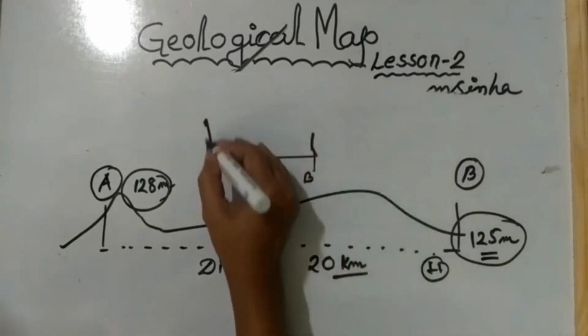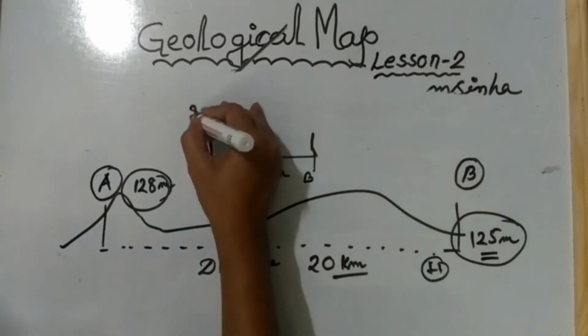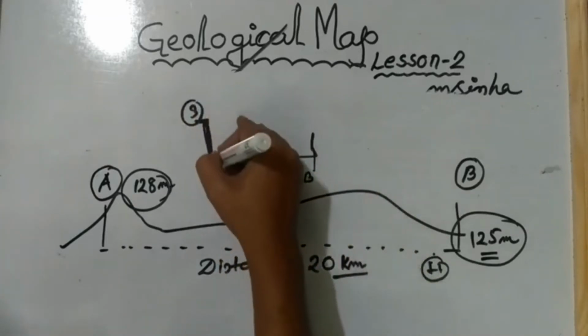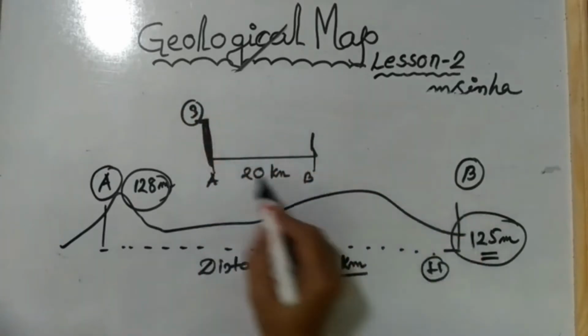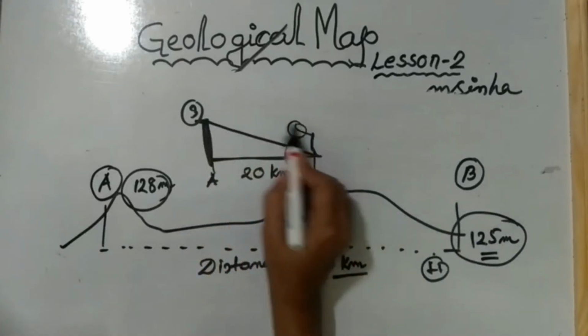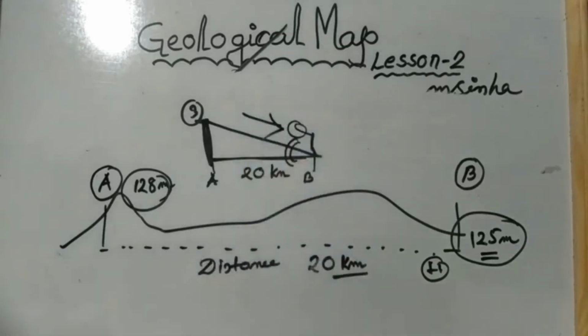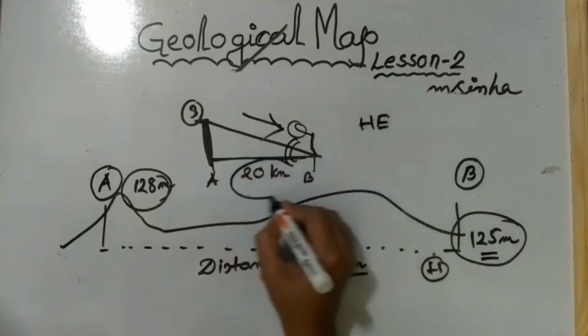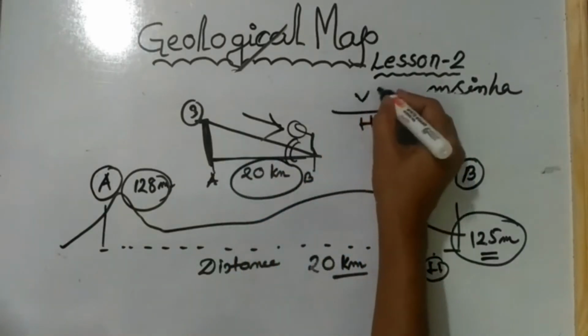Suppose A is standing 3 meters higher than B. So this is the angle, this is the gradient between A and B. Technically we can call this the horizontal equivalent, and this is the vertical interval.